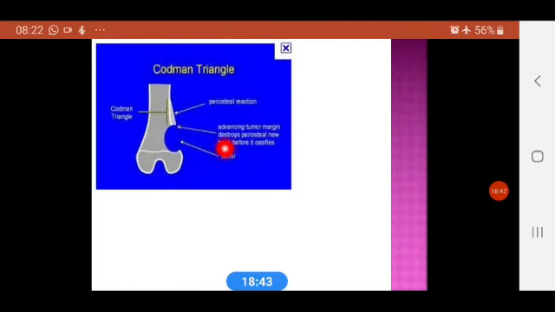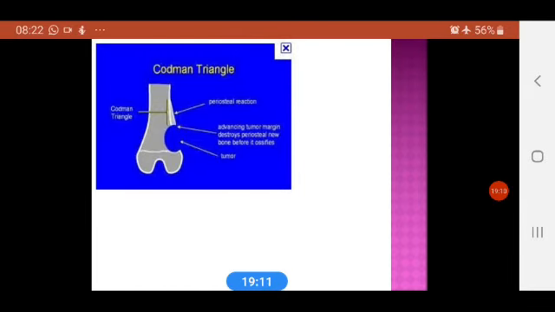Then, as this is a tumor that's arising from the metaphysis, it tends to raise the cortex. So there is an angle that is formed by raising of the periosteum, and that's called Codman's triangle. Now Codman's triangle, when we were taught as undergraduates, was pathognomonic of osteosarcoma, but over the years we got to know that any aggressive tumor can actually cause a Codman's triangle.